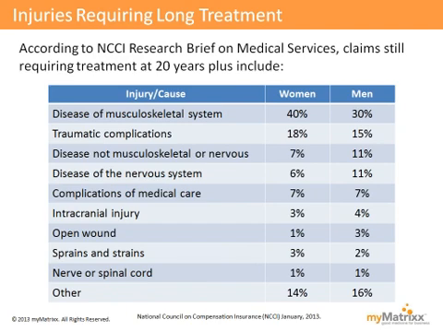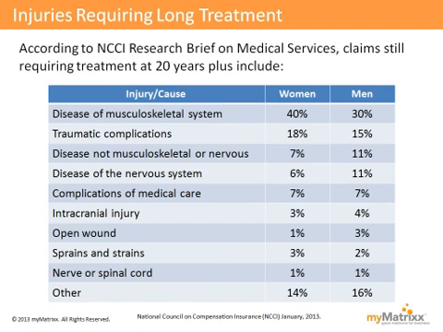According to the NCCI research brief on medical services, the claims requiring treatment at 20 years and plus include diseases of the musculoskeletal system. So the major injury causes were musculoskeletal injuries. The interesting thing about what NCCI found is that there really is a difference between women and men in most categories.